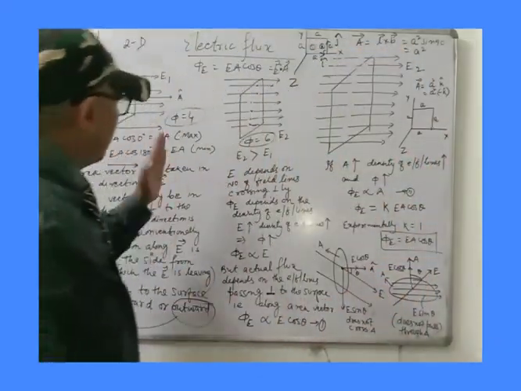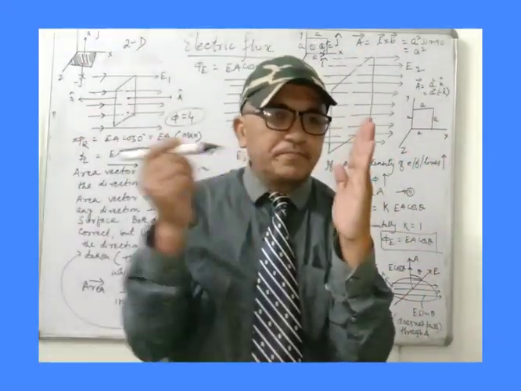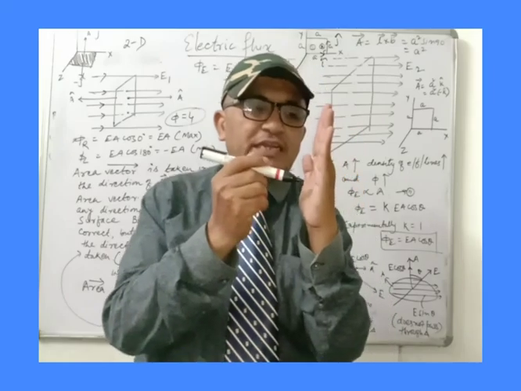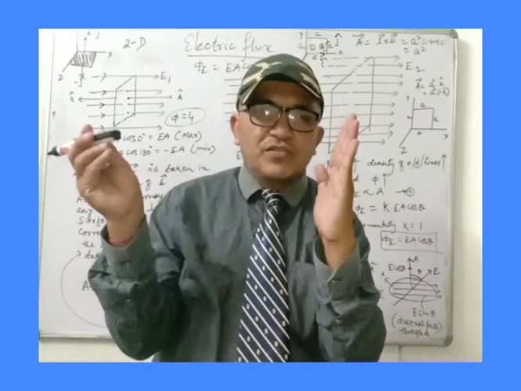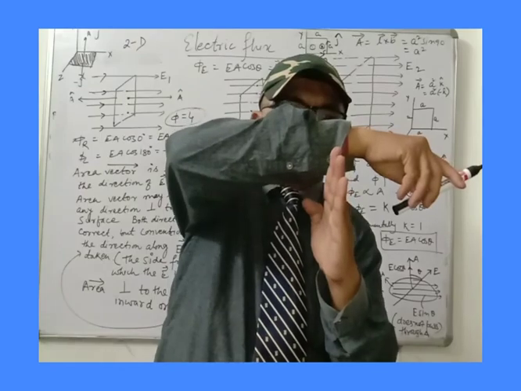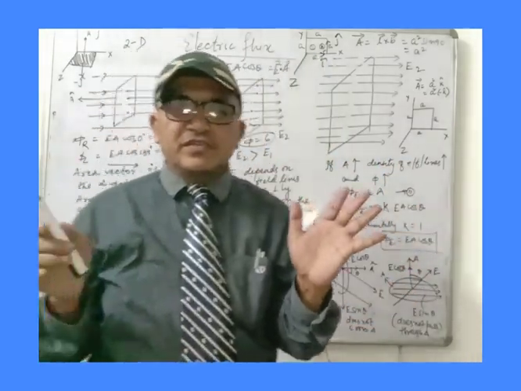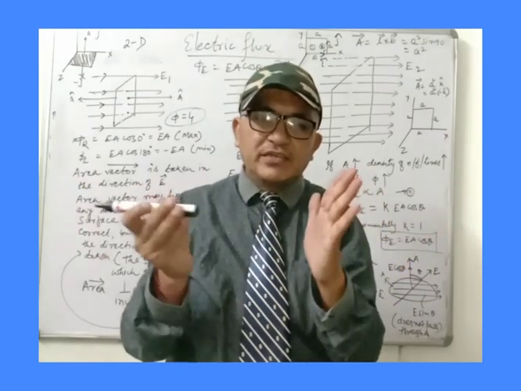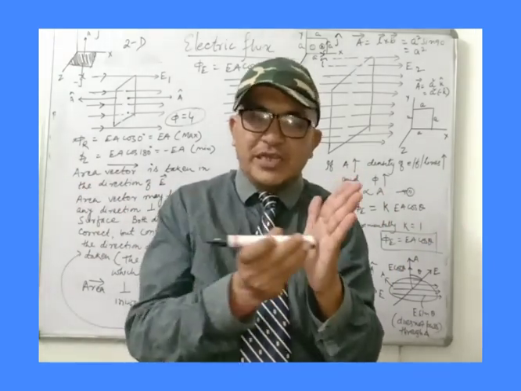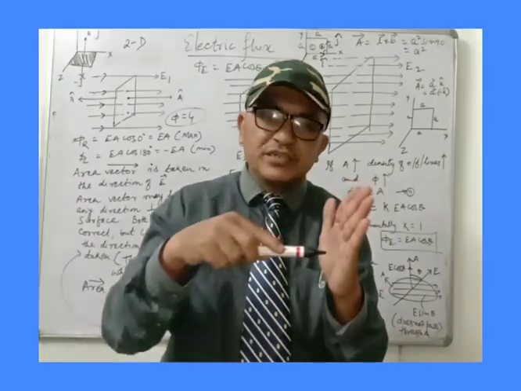Now, but the electric field is crossing this way. So you can take the area vector in this direction also, in this direction also. The area vector is correct for 2D surfaces for both directions. This way, coming out of it or going into it, like this.